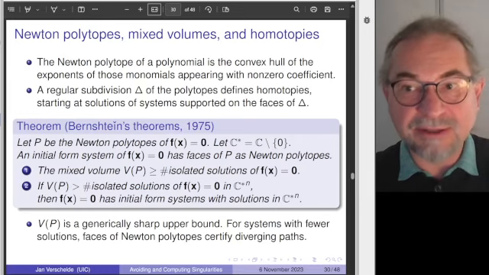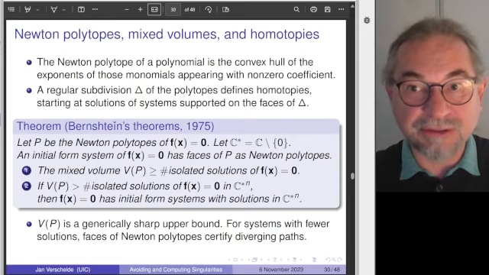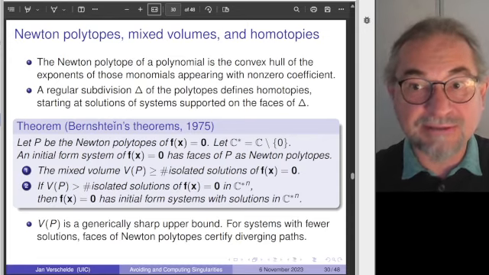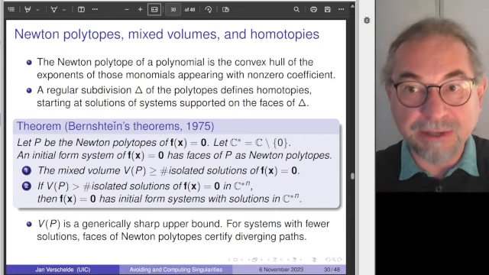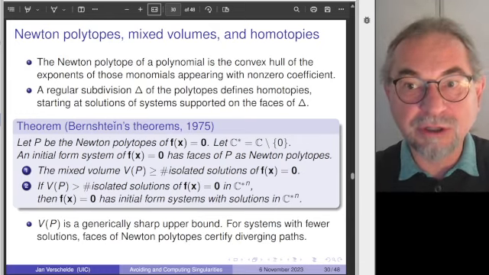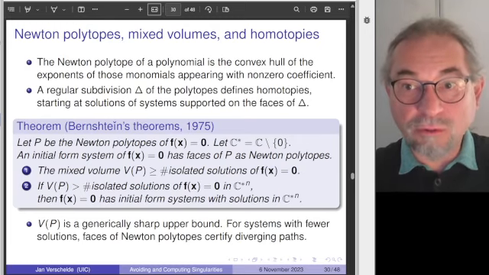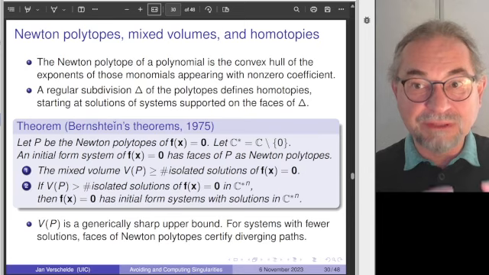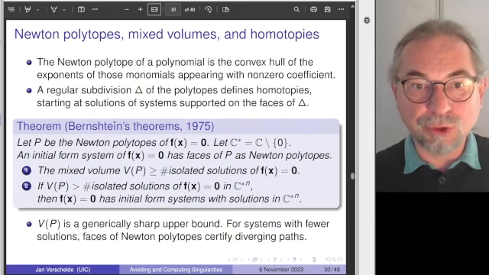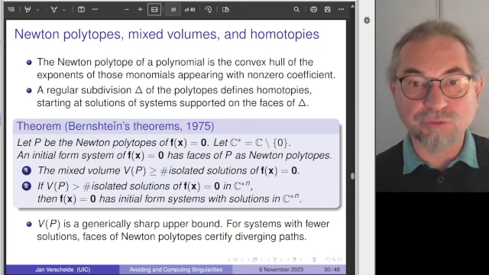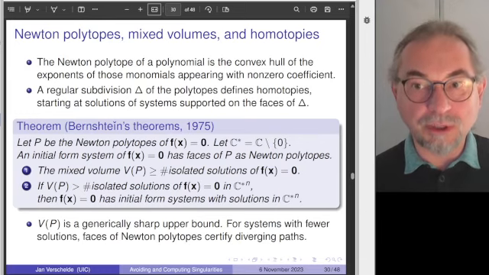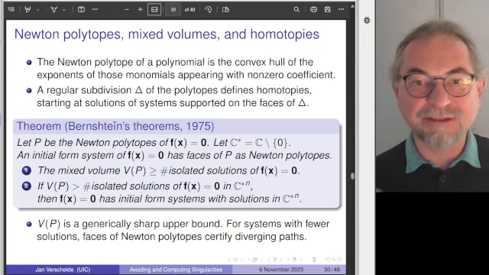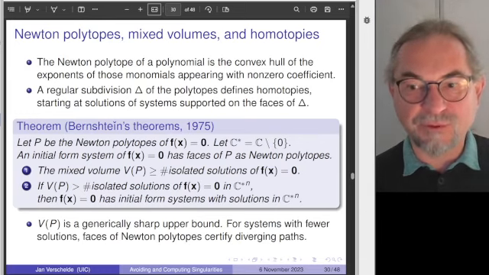It doesn't depend on the particular choice of the coefficients. So the fact that this mixed volume exists and can be computed independently of the coefficients is not so difficult to understand. If all the polynomials have the same Newton polytope, then the mixed volume corresponds to the volume, normalized so that the linear system has volume 1.